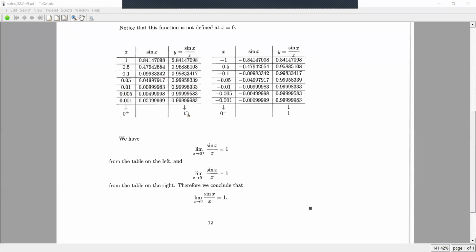This table suggests the right-hand side limit is 1. In the second table, I let x approach 0 from the left-hand side by taking on these points. Again, the function approaches 1. The second table suggests the left-hand side limit is 1. Now, based on these two tables, we conclude that the both sided limit is 1.